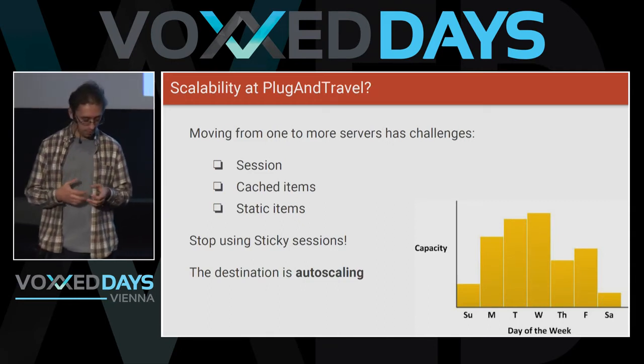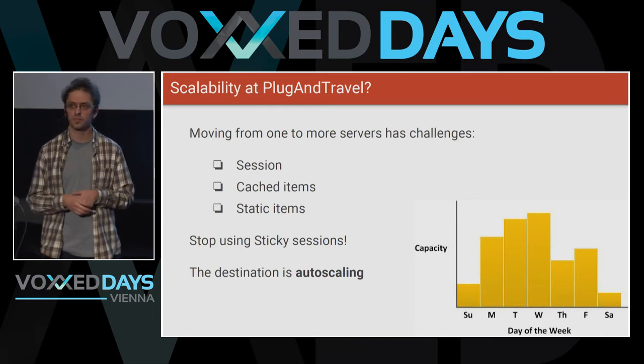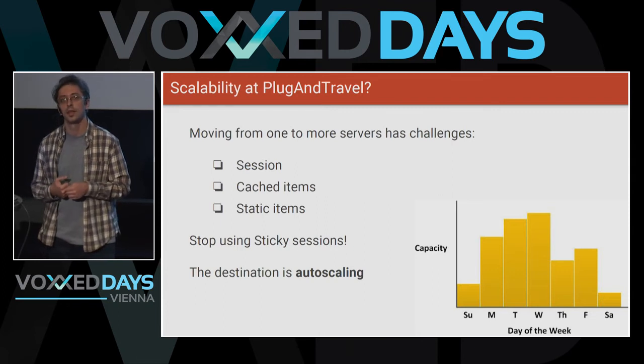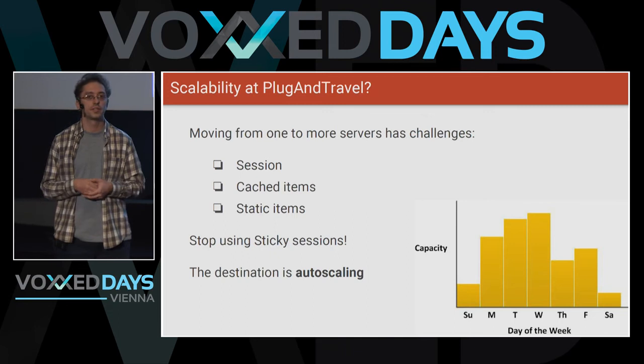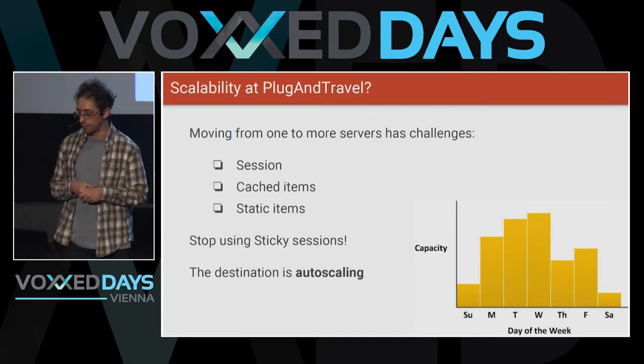So you need to move from one machine to more. And you're doing this by adding a load balancer. Now, when you put at least two machines under a load balancer, you start having some problems that you need to figure out how to solve.